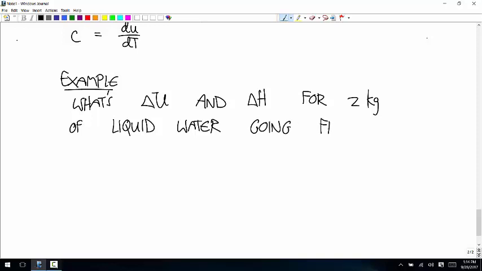as it goes from 320 Kelvin to 324 Kelvin. There is a table where you can look these up.